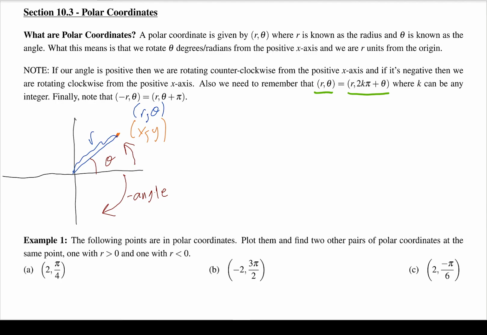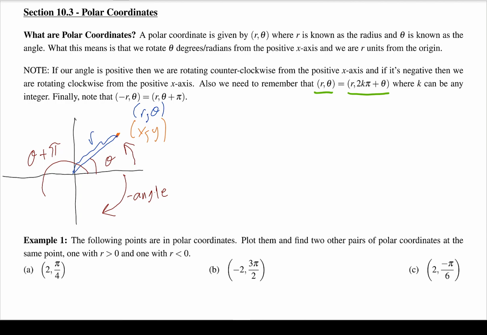Another thing to notice is that let's say I took this angle right here and I add pi to it. So that would look something like this. So this would be theta plus pi.